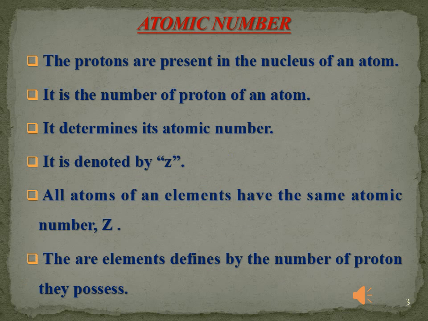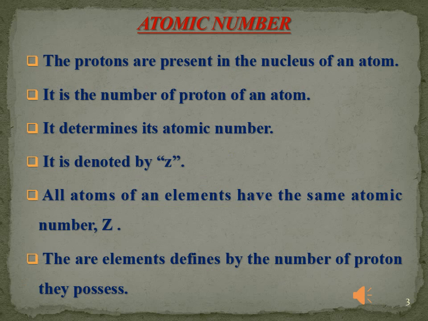So students will first understand the concept of atomic number. So what is atomic number? Atomic number is the number of protons which are present in the nucleus of an atom.